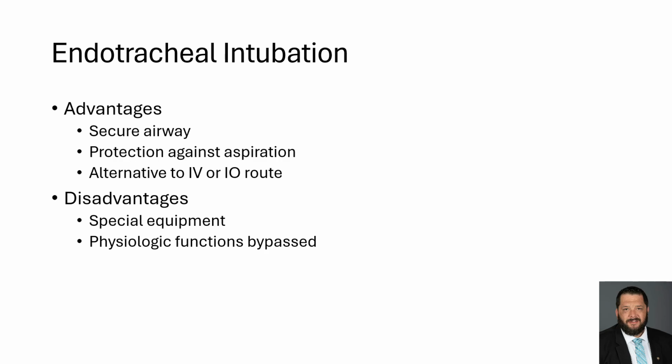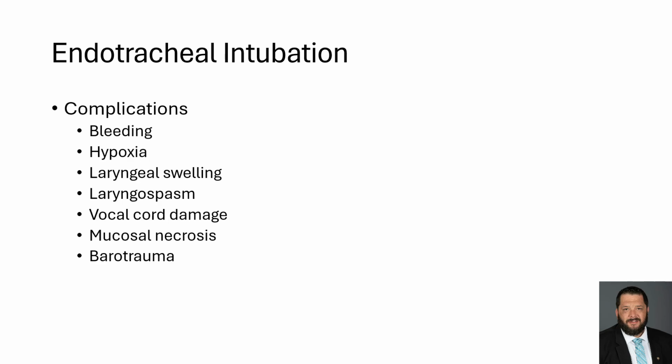Some of the disadvantages, there is some special equipment that's required, and some of the physiologic functions that help protect the patient are bypassed. Some of the complications that can be associated with endotracheal intubation, things like bleeding, hypoxia.